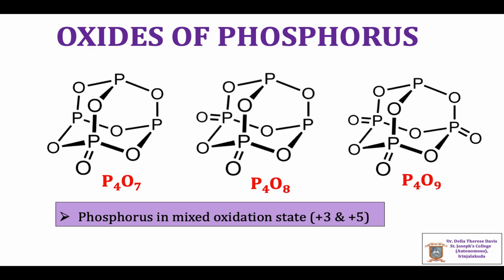Apart from P4O6 and P4O10, there are other oxides of phosphorus, P4O7, P4O8 and P4O9. In these three oxides, the oxidation state of phosphorus is +3 and +5.